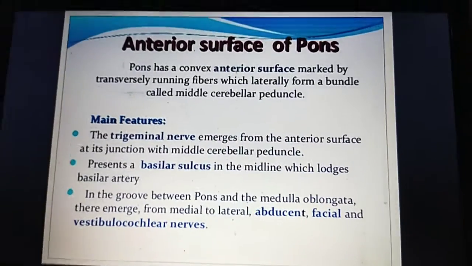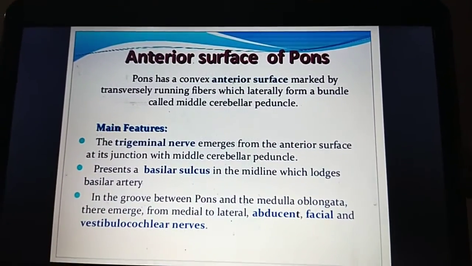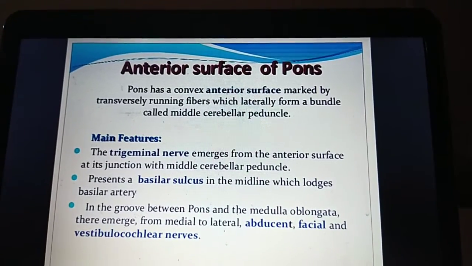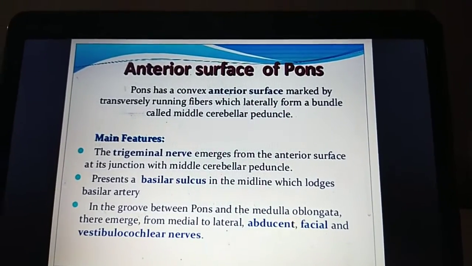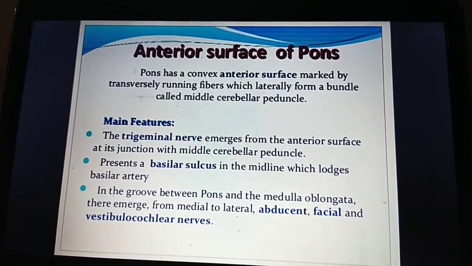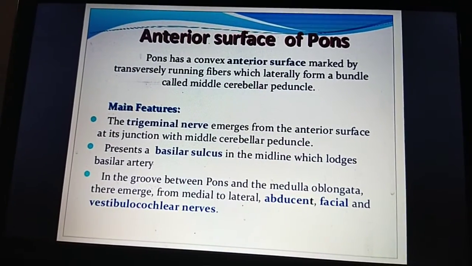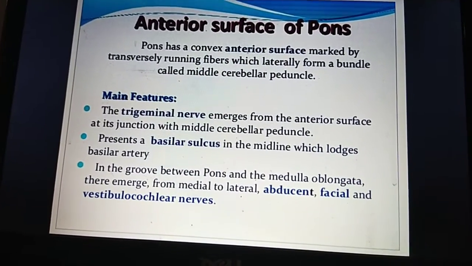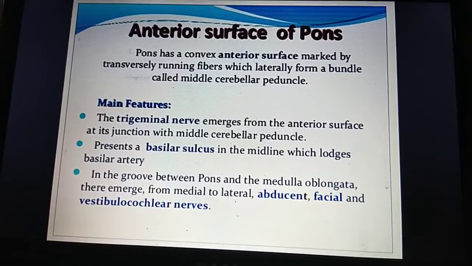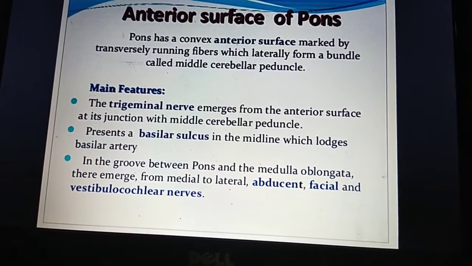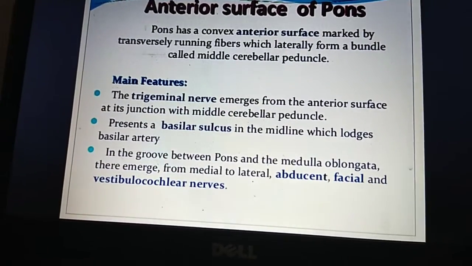The anterior surface of the pons. The pons has a convex anterior surface marked by transversely running fibers which pass laterally to form a bundle called the middle cerebellar peduncle. The main feature of the pons is the trigeminal nerve. It emerges from the anterior surface at its junction with the middle cerebellar peduncle. There is the presence of the basilar sulcus in the middle, which lodges the basilar artery.